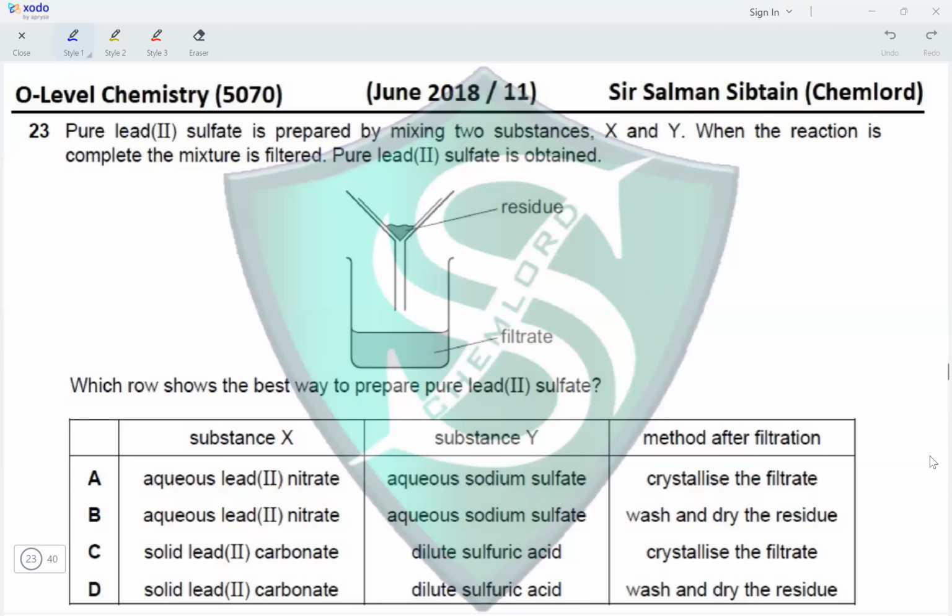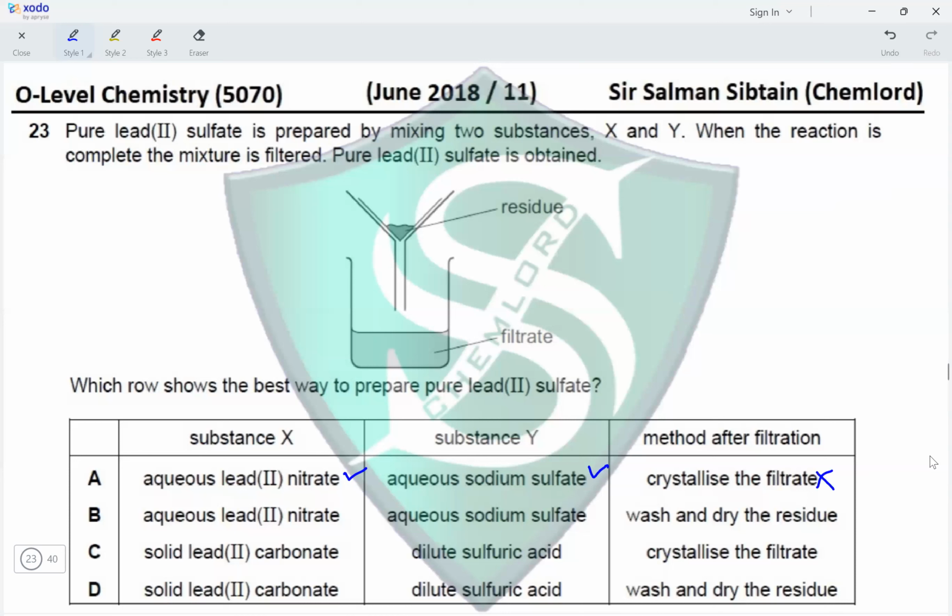So like I said, we are going to have two aqueous salt solutions reacting. In A, we have got aqueous lead nitrate, which is soluble, and the other substance is aqueous sodium sulfate, which is also soluble. And the method after filtration is crystallize the filtrate. No, we have the residue as the salt produced.